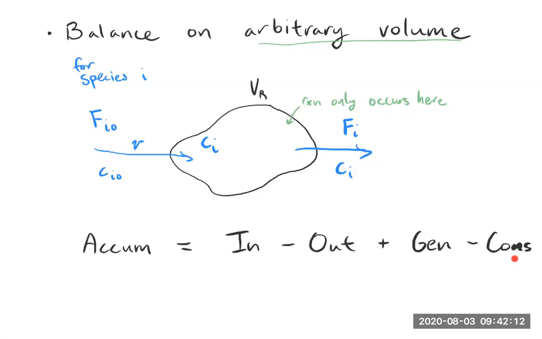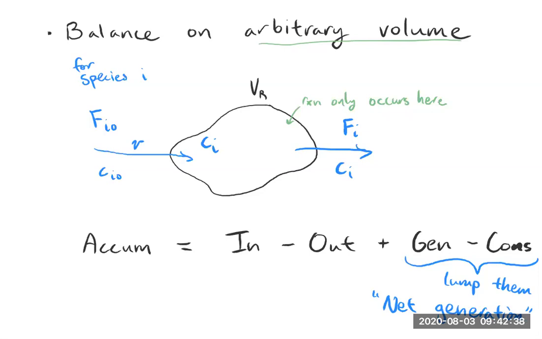So in kinetics, we lump these two terms into a net generation. And that makes sense intuitively: a reactant is getting consumed, a product is getting generated.